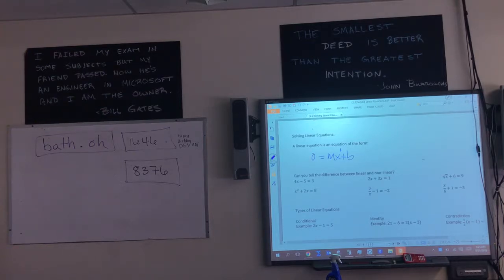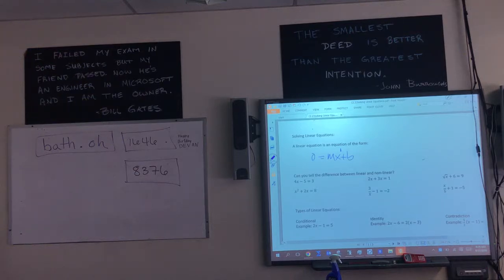And why I say this is, in the next couple of days, we'll have x squared as the leading degree. So then I should have x to the first also showing up as a component of the equation. And I should have x to the 0 showing up as well, which again is the 1. When we're talking about cubics, we'll have x to the third as the leading degree. So then in that equation, I should have x squared, x to the first, and x to the 0. Does that make sense?